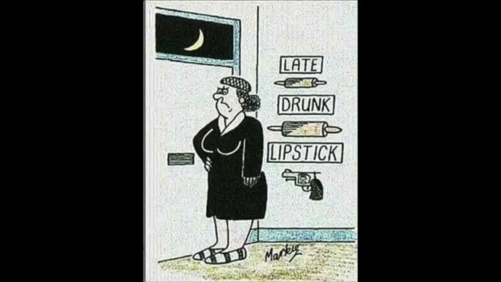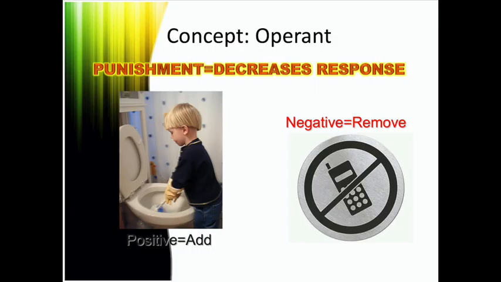Positive punishment, adding something to someone's life that's unpleasant to decrease a response, to stop a behavior. And then we have negative punishment, and negative punishment means to remove something pleasant from someone's life to decrease a response. So if you've ever been grounded, you've been the victim of negative punishment, the removal of something pleasant from someone's life to decrease a response.